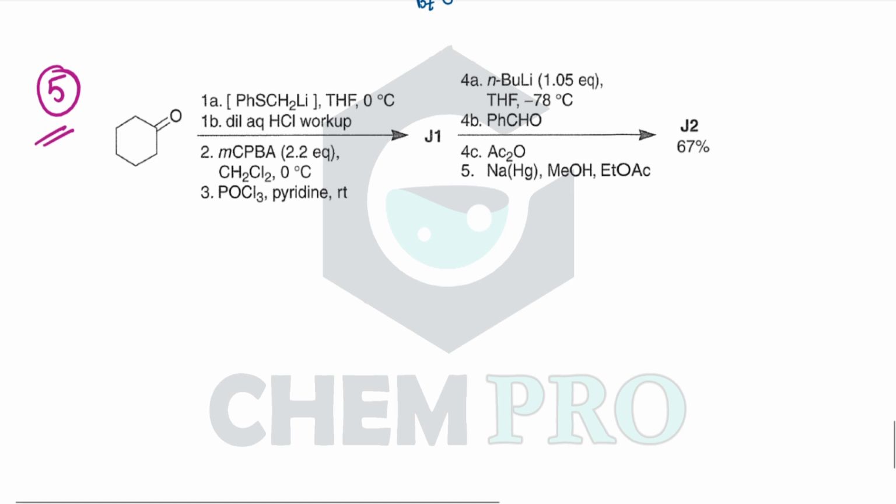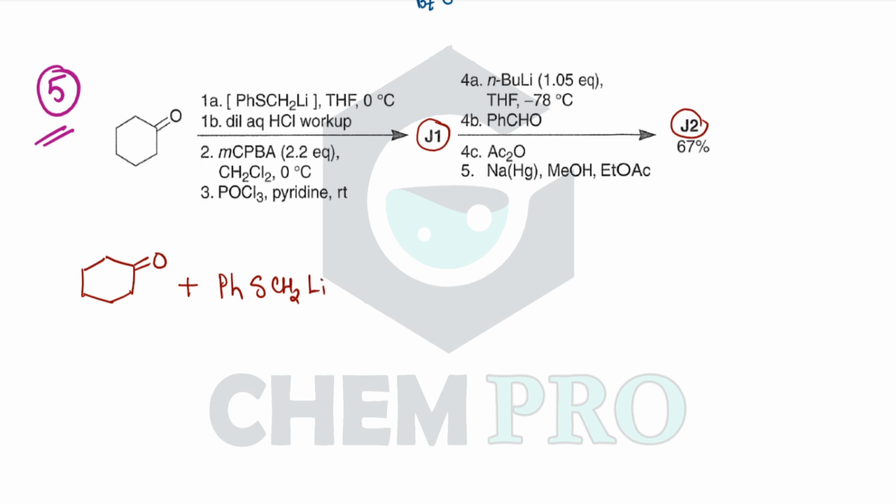So here there are two steps in this reaction, and for that we have to make the J1 and J2. Here the first step given will react with PhSCH2Li. Okay, so this is Li positive and this is CH2 negative.